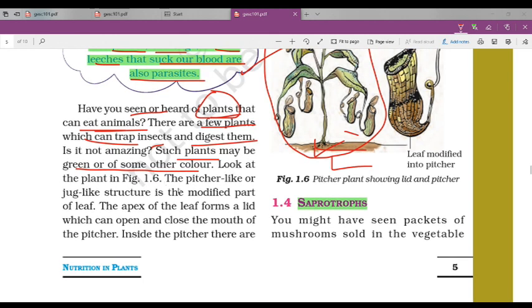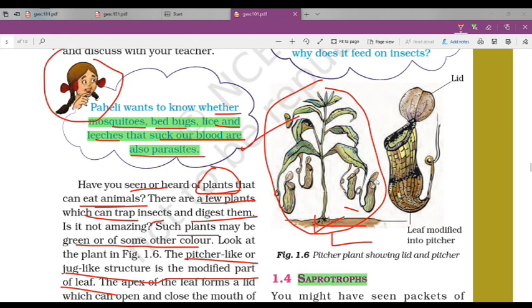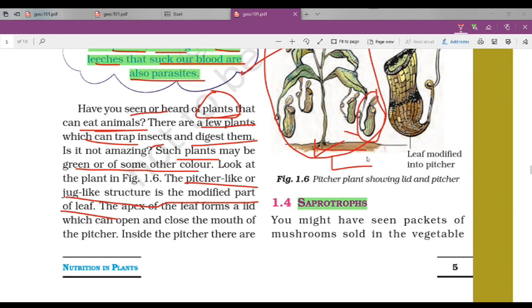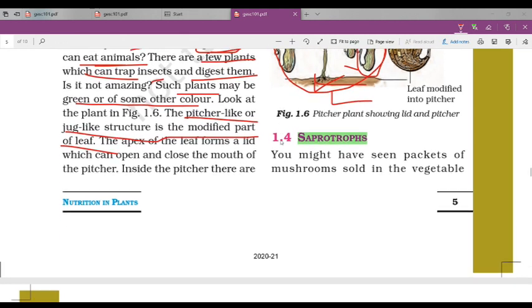Here, the pitcher-like or jug-like structure is a modified part of the leaf. Bachcho, you can see here the pitcher-like or jug-like structure. And what is this? This is a form of modified leaf.